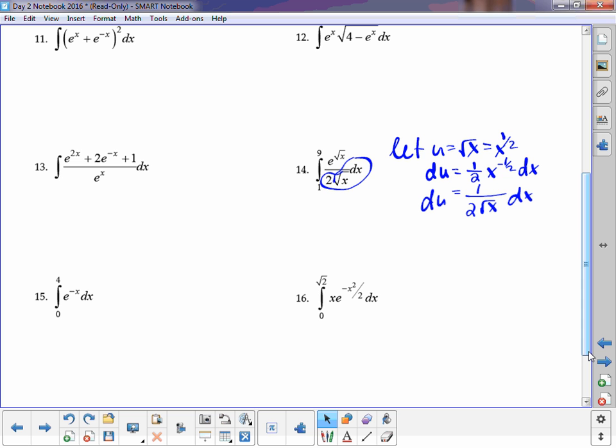All right, so I went through, we should have gotten an answer of e cubed minus e to the first, is that right?